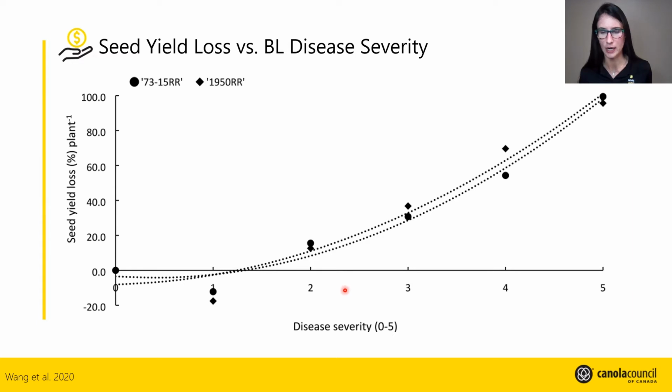It's over a disease severity of about 1.5 where we start to see reduction in yield. So at a rating of 2, we see 20% seed yield loss per plant. And like I said, every unit that the disease pressure increases, you can expect an additional 20% losses. So not a really severe infection, and you can see some really significant impacts.